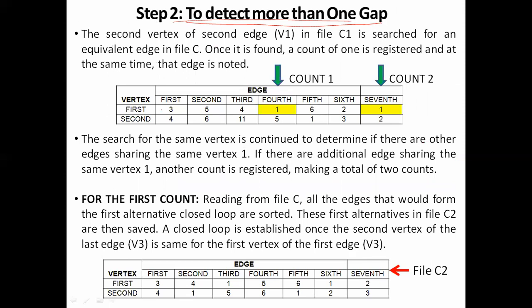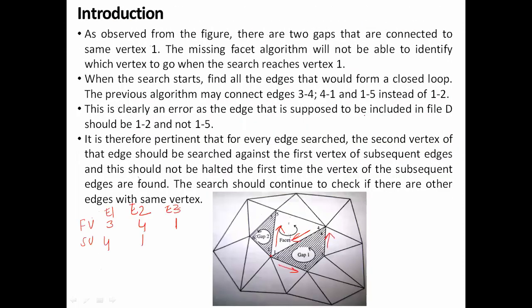Once you have stored that information, you will go about checking for all the loops. The first loop that I am checking is this one. I have started from here.